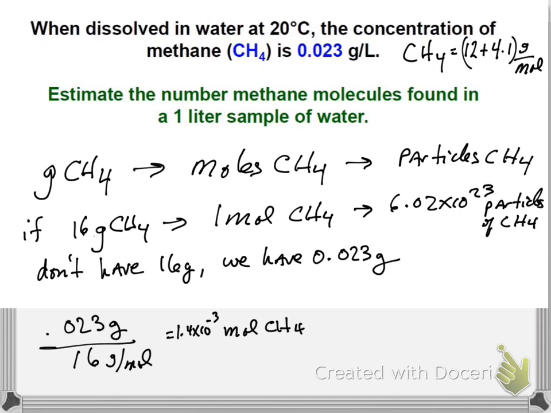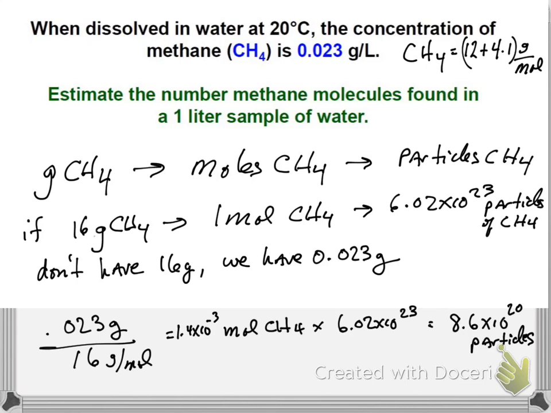And if we only have that number of moles, when we multiply by Avogadro's number, we'll see that instead of having Avogadro's number of particles, we have 8.6 times 10 to the 20 molecules of CH4.